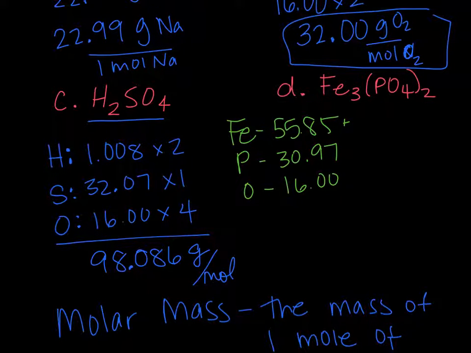So this is going to be times 3, and then remember that this 2 is saying that there's 2 of all of this inside the parentheses. So it's 2 times 1 and 2 times 4.